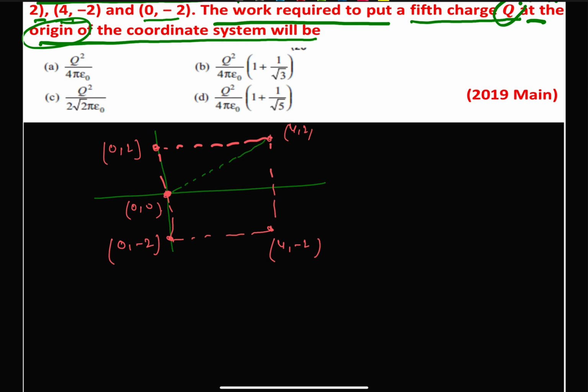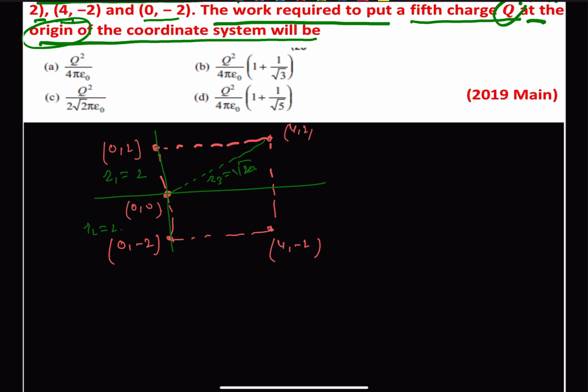So this distance, let us call this R1. This R1 will be equal to 2. This is our R2, which will also be 2. Let us put this as our R3, which will be coming as, we have 4 squared plus 2 squared is 16 plus 4, square root of 20.